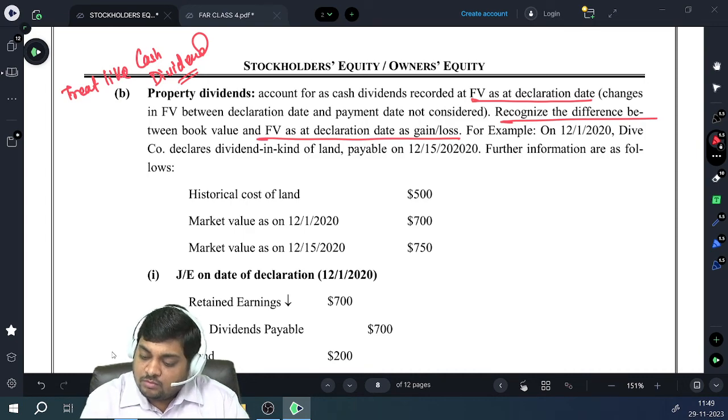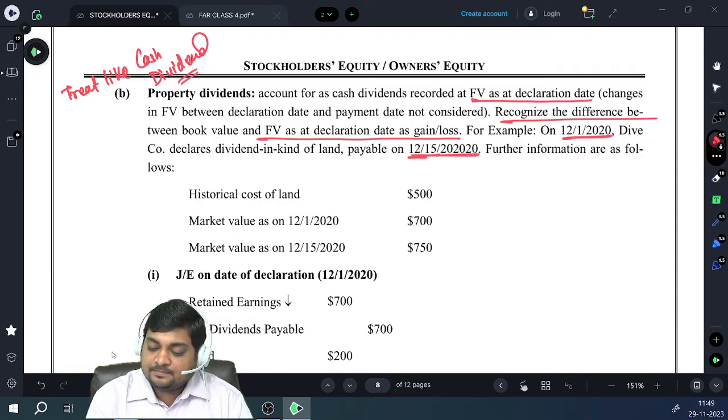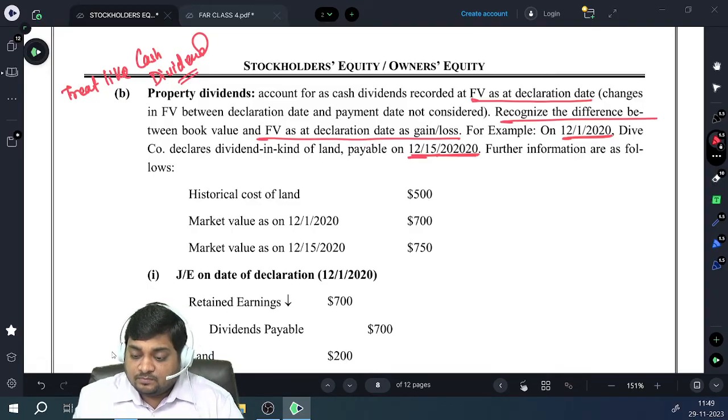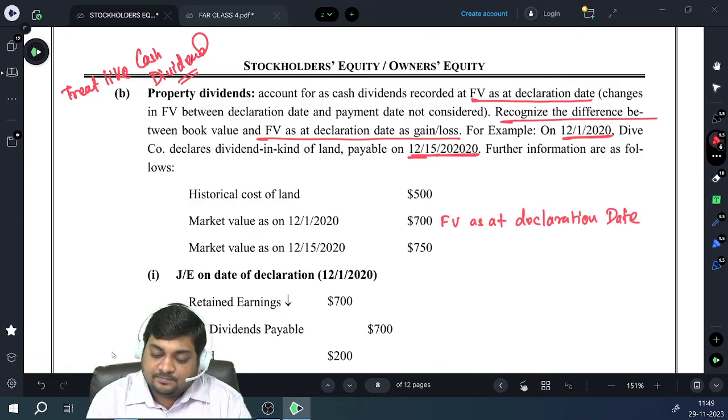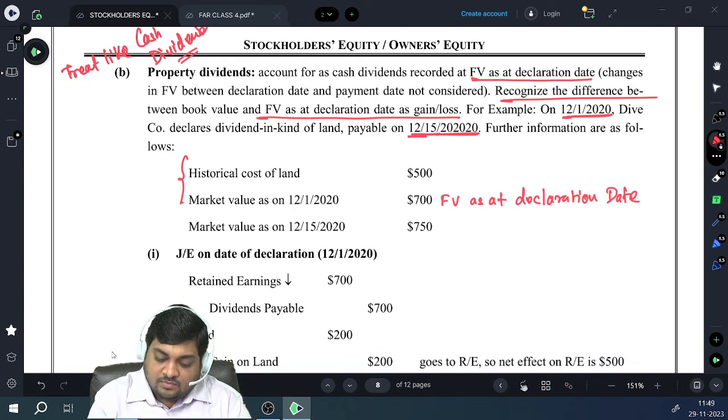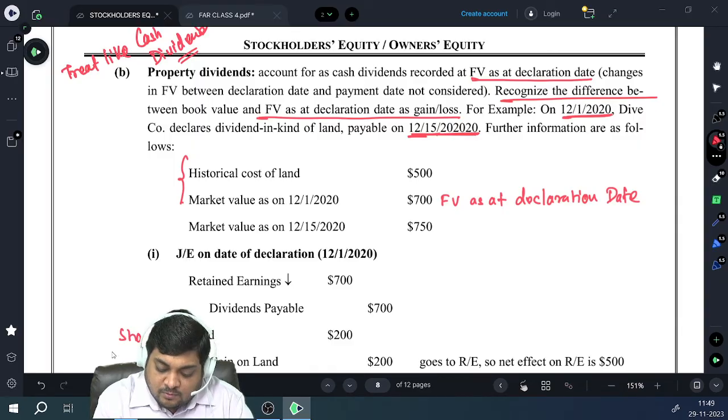So on 12/1 it is declared and on December 15th it is paid. So we need to consider fair value as at the declaration date. First revalue this. Show at fair value.